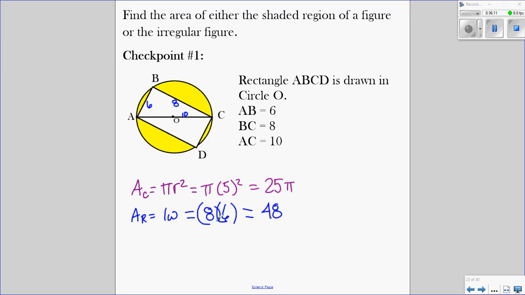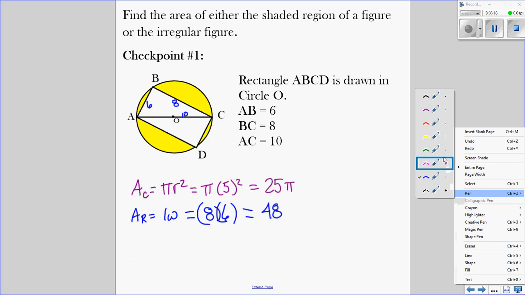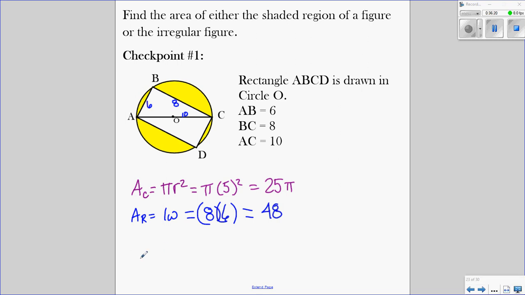All right, so now we need to find the shaded area. Use green. So area SR, shaded region. We do the bigger, which is the circle, and then we subtract the area of the rectangle, which is 48.